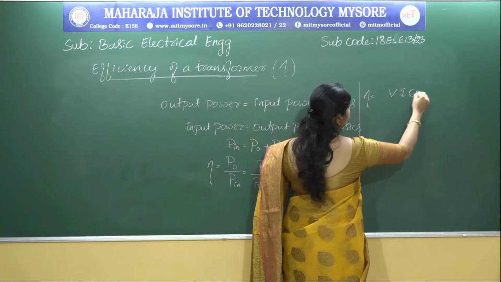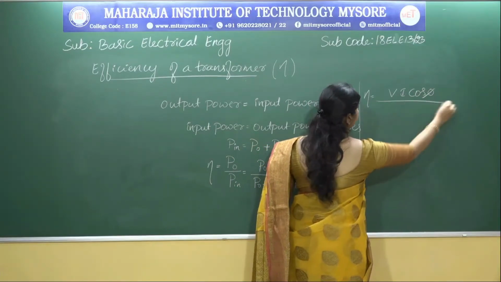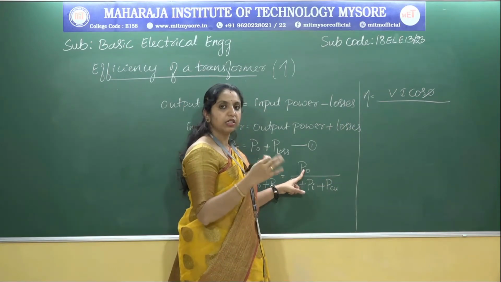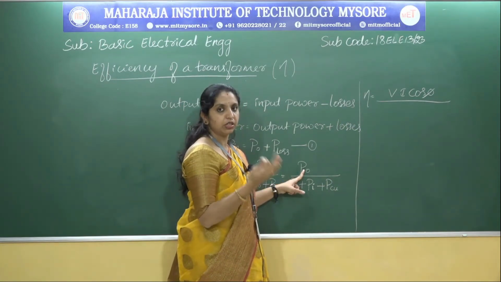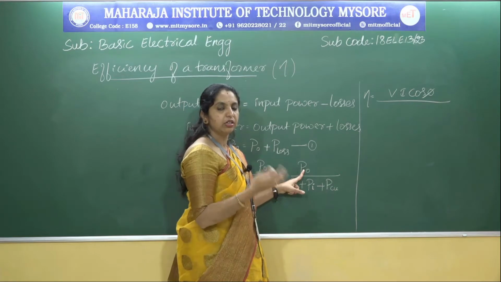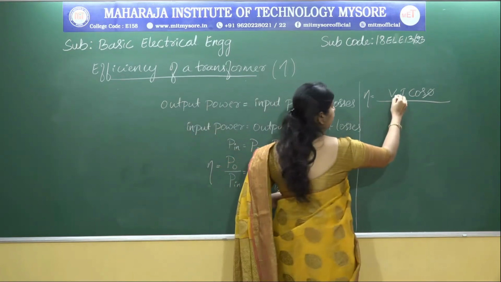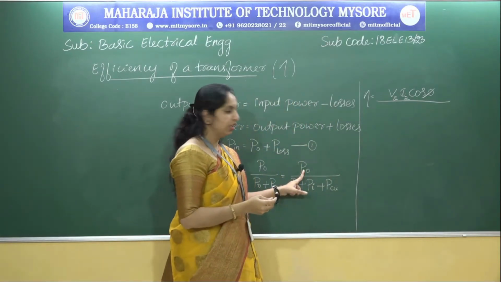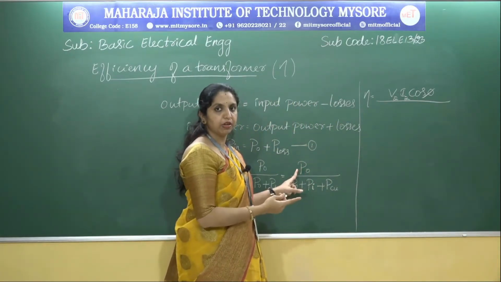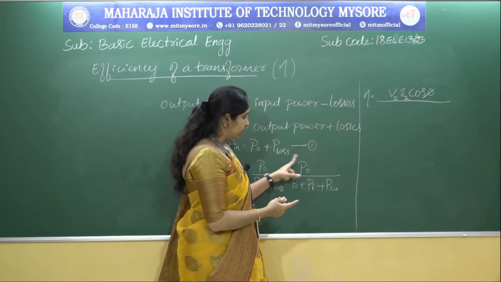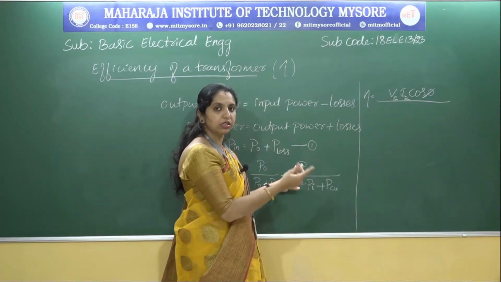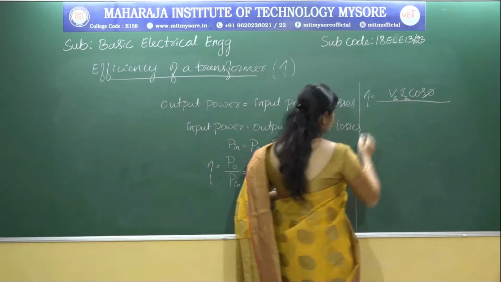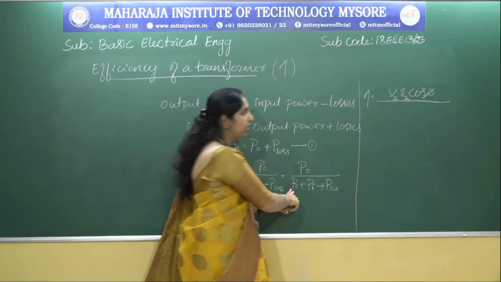The V and I are the parameters we consider at the secondary winding, so I can write it as V2 and I2. Why V2 I2? Because we are considering the output power, and output power is always measured at the secondary winding. So V2 I2 cos phi 2.